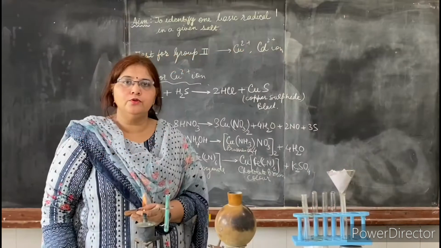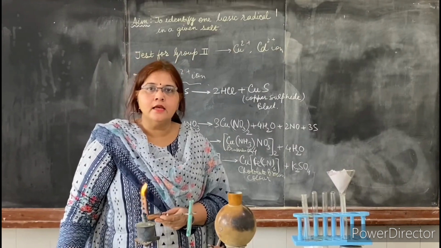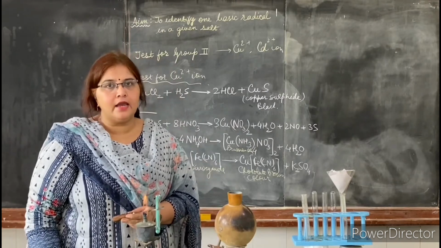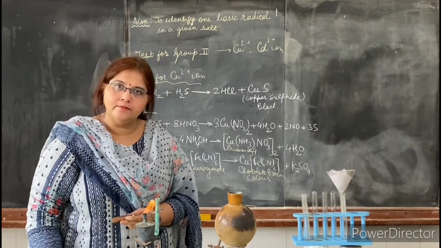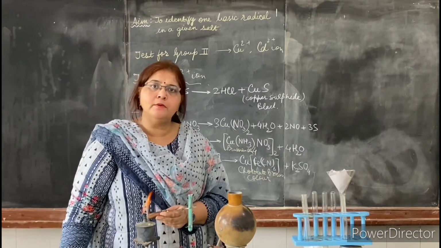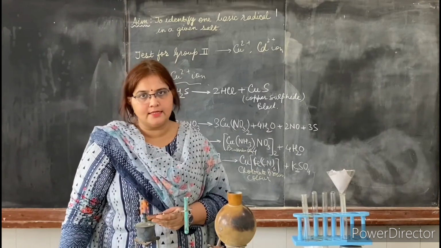Now I will show you the test for the group 2 basic radicals. Group 2 contains the copper ion and the cadmium ion. First we will do the test for the copper ion. The group reagent for the second group of the basic radicals is dilute HCl and H2S gas.